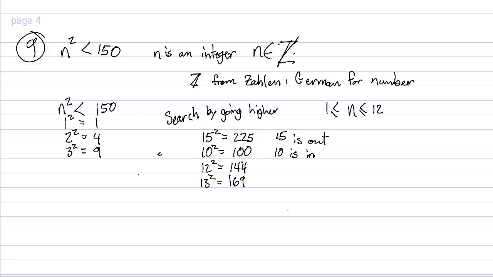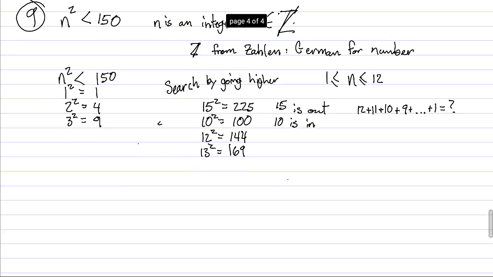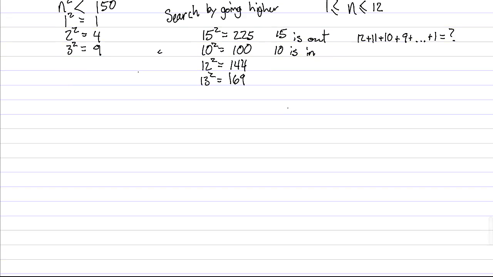Okay, and then it says, what is the sum? And so the sum of all numbers from 1 to 12, right? 12 plus 11 plus 10 plus 9, right? Plus 1, what's that equal to? And the important thing here is not that you do this addition, but that you figure out how to do this.